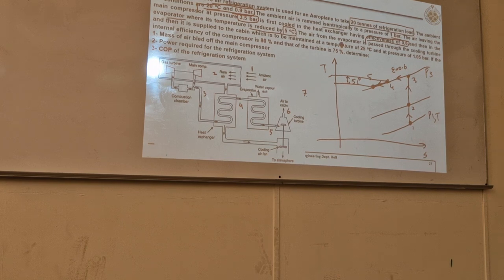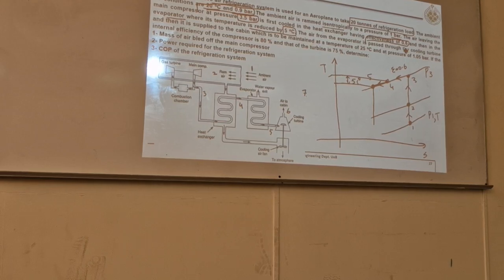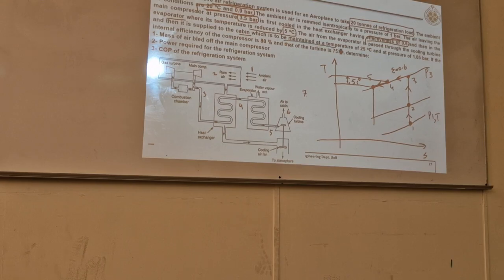Now the air from the evaporator is passed through a cooling turbine. Now it is entering into a cooling turbine, so there will be an isentropic expansion to this. The air from the evaporator is passed through a cooling turbine, and then it is supplied to a cabin, which is to be maintained at a temperature of 25 and pressure of 1.05.